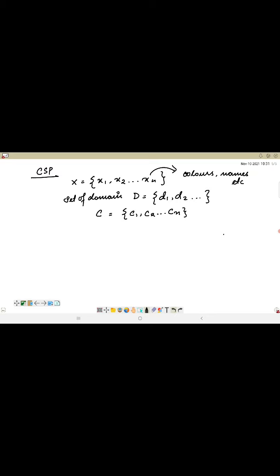Now we assume a finite set of variables and generally a discrete domain.